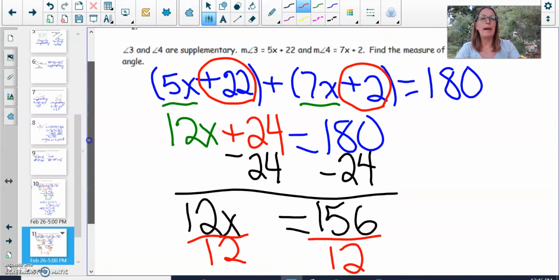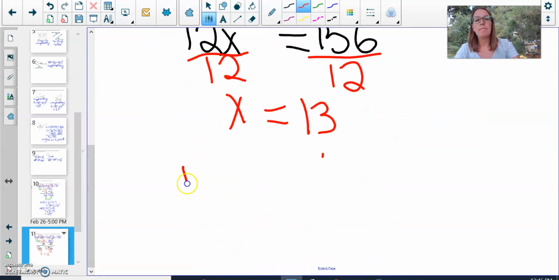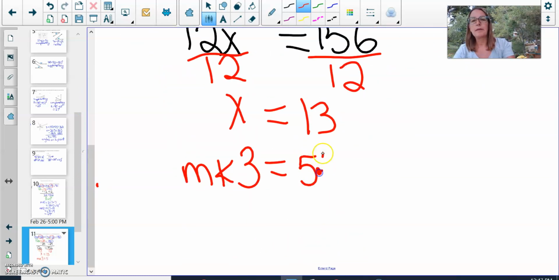They wanted me to go back and find the measure of each angle. So the measure of angle 3 was equal to 5x plus 22. So it becomes 5 times 13 plus 22.